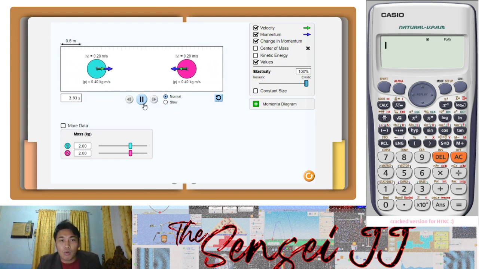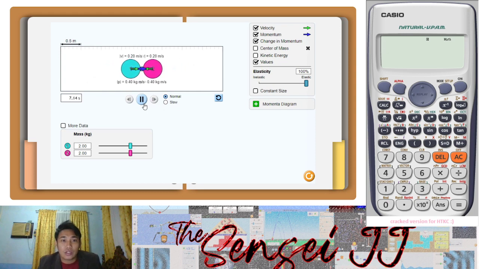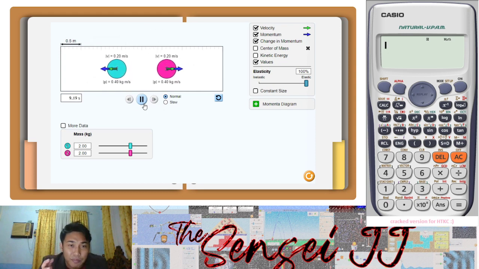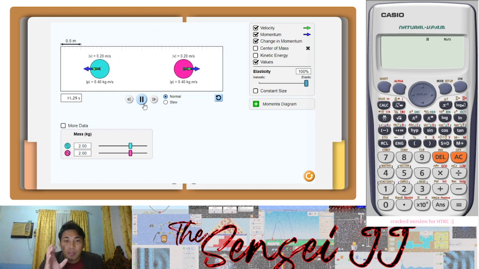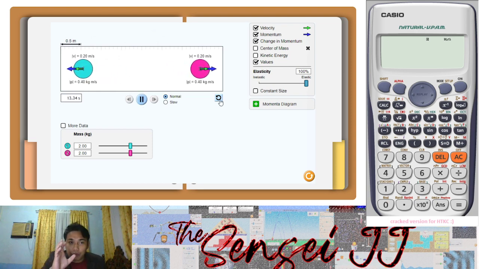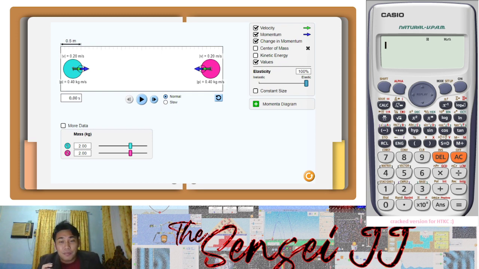As you can see, both of these have the same values in terms of speed and mass. Also their momentum is the same value, which is 0.4 kilogram meter per second.